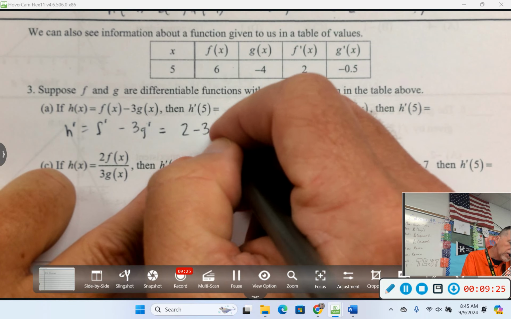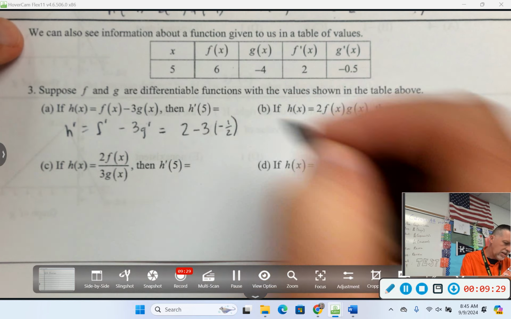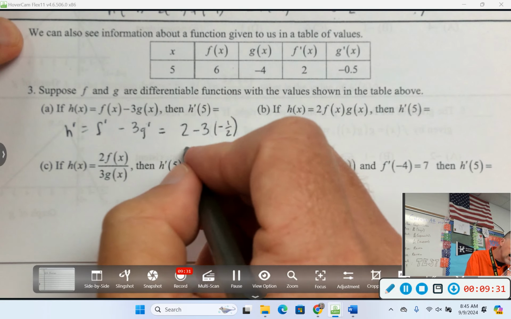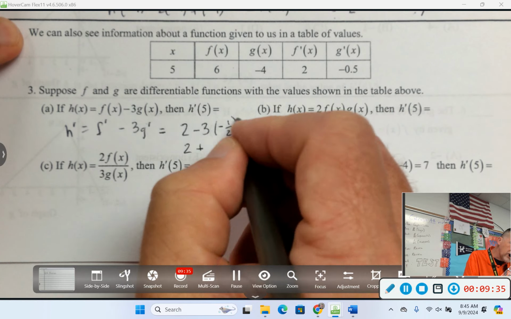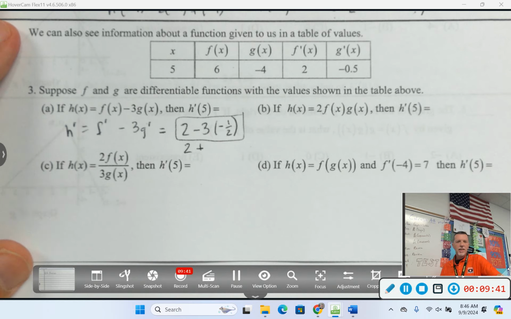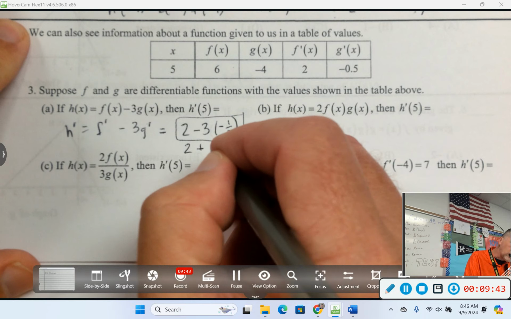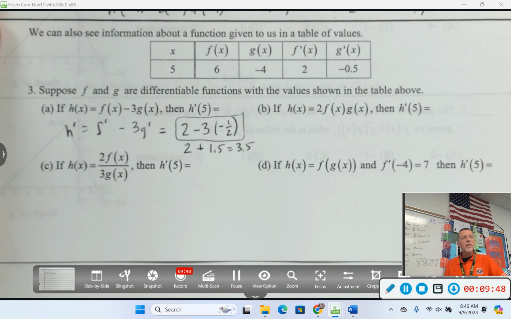G prime is negative 1/2. That's kind of annoying, 2 plus 3/2. Actually, safe stop, right? That's fine. 2 minus 3 times negative 1/2, which is 2 plus 1.5, which is 3.5. But given the option, leave it alone.